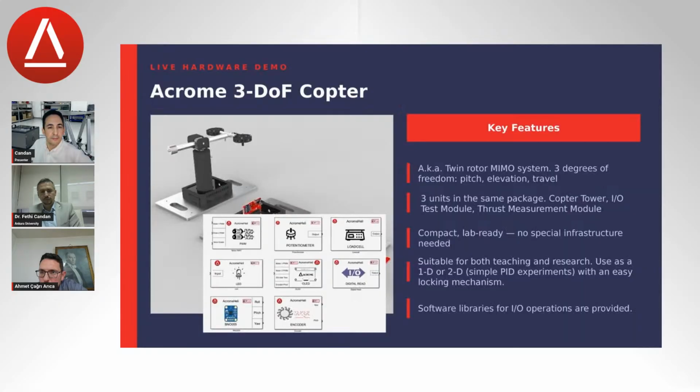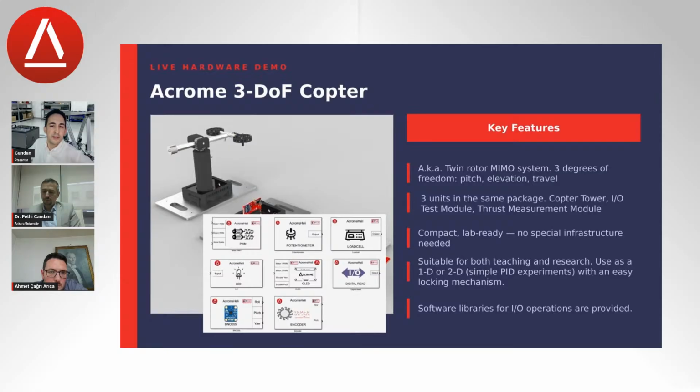Then I would also like to discuss a little bit about the experiment kit itself. It is our trade-off Copter experiment kit. The experiment kit consists of 3 units and 4 parts in reality. I will explain all units one by one.